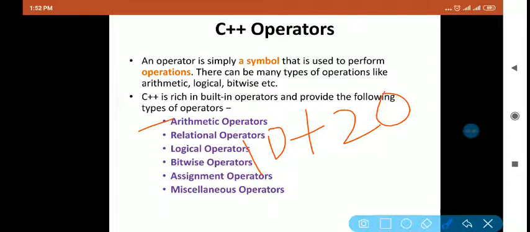The first is arithmetic operators such as addition, subtraction, then relational operators, logical operators, bitwise operators, then assignment operators, and last is miscellaneous operators. So these are the operators supported by C++. Now we are going to understand these operators one by one.